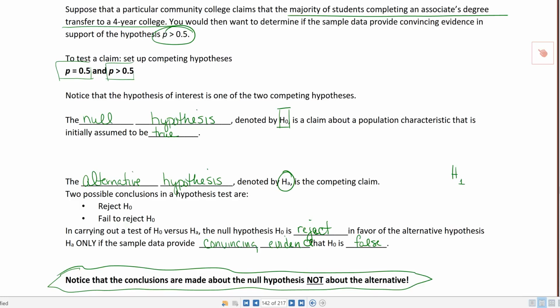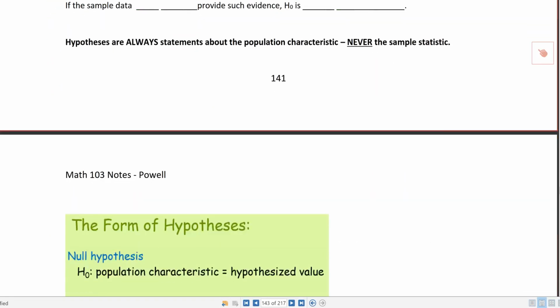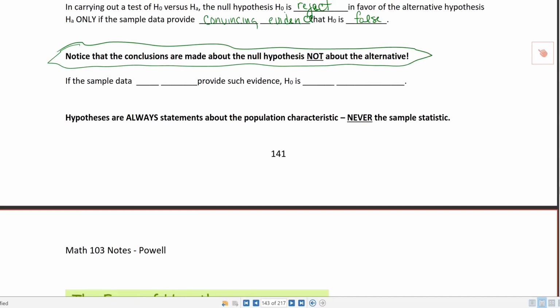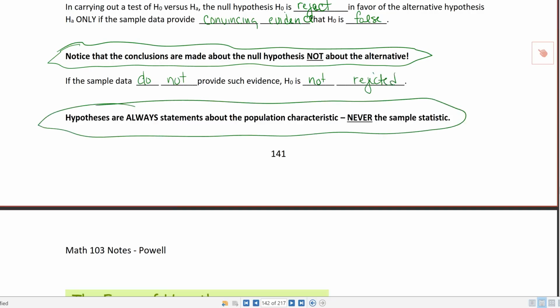Also, if the sample data do not provide such evidence, then H naught, or the null hypothesis, is not rejected. And hypothesis statements are always made about the population characteristic, not the sample statistic.